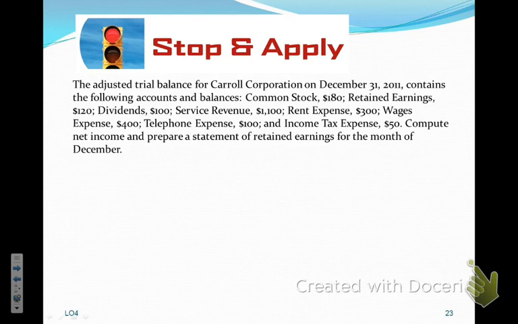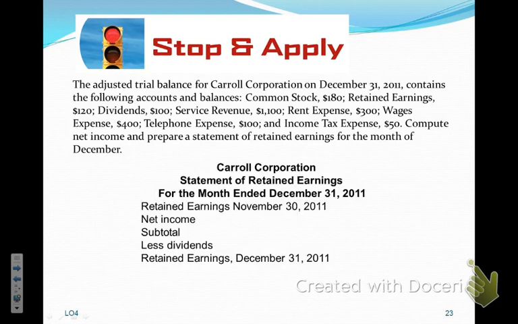And then lastly, in this particular problem, you're going to look at the trial balance for information for Carroll Corporation, and it contains the following accounts and balances: common stock 180, retained earnings 120, dividends 100, service revenue 1100, rent expense 300, wages expense 400, telephone expense 100, income taxes 50.